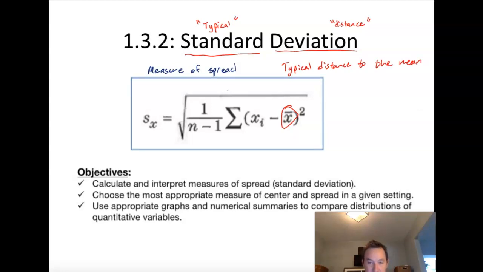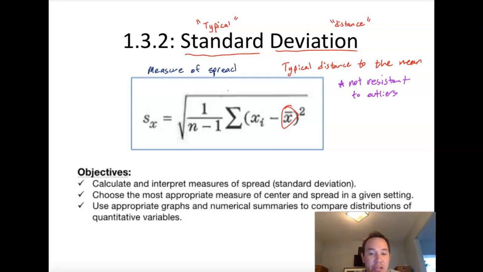So the mean is inherent, it's implicit in the formula for standard deviation. But with that in mind, remember that the mean is not a resistant measure of center, so standard deviation is also not resistant to outliers. So at this point, if you're deciding on what measures to use to talk about your data set, you need to know if your data set has potential outliers.